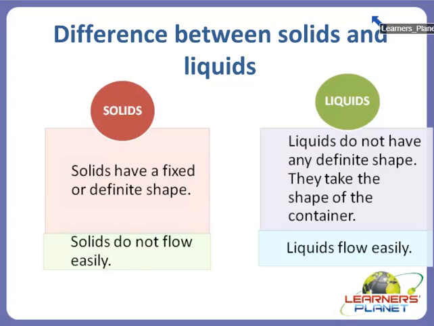Okay children, now we will see the difference between solids and liquids. So children, what are the differences between solids and liquids? Yes, the first difference is that solids have a fixed or definite shape.